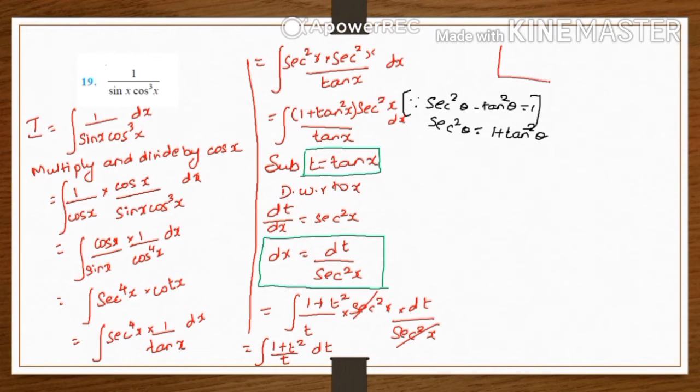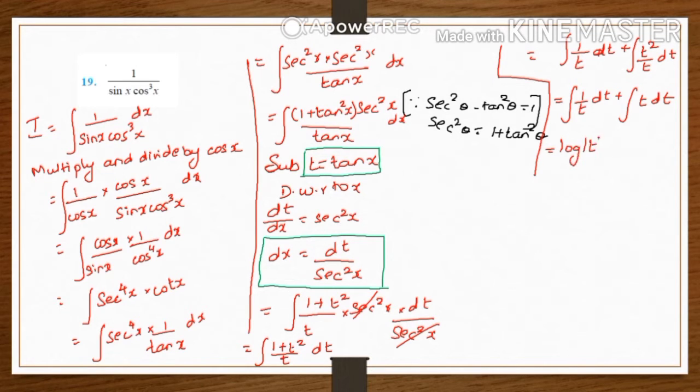Now let us split the integral. On splitting we get integral 1 by t dt plus integral t square by t dt. The t square and t get cancelled, so it is integral t dt.